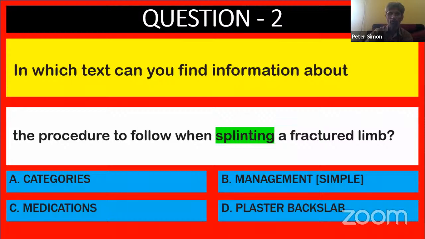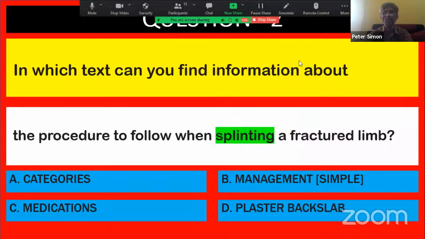So I am going to the Telegram channel. I am passing the screen and putting it there. Question 2. Splinting a fractured limb.